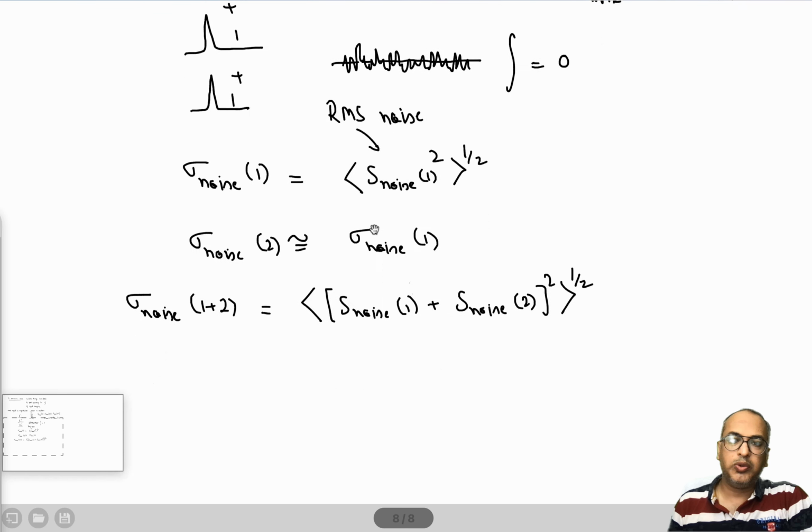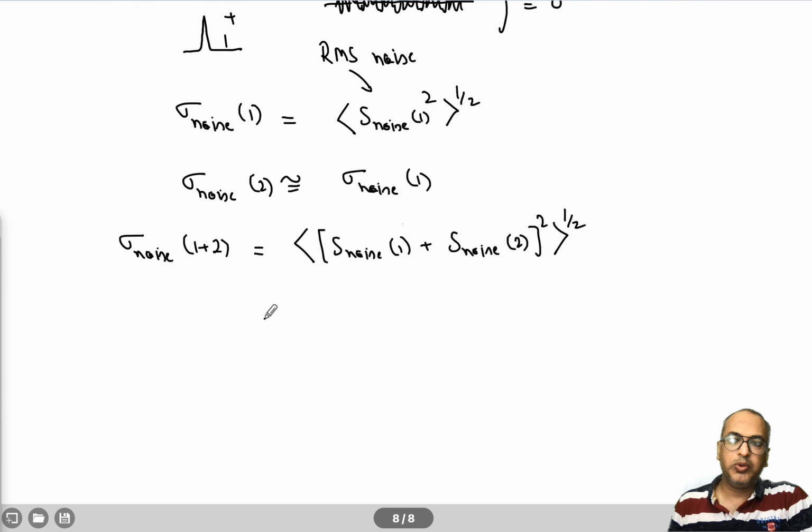Okay, now if you expand this, what do you get? S noise 1 square plus S noise 2 square plus 2 times, this is a simple A square plus B square, S noise 1 times S noise 2, right?